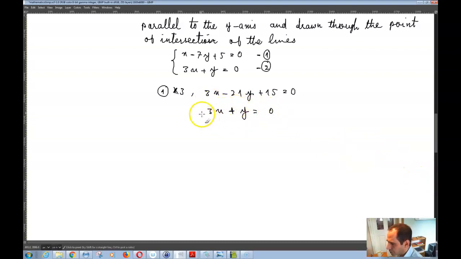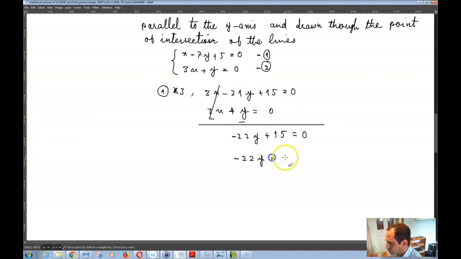Now if I add these equations together, the 3x terms will cancel out. Negative 21 minus 1 is negative 22y plus 15 is equal to 0. Negative 22y is equal to negative 15, and y is equal to 15 by 22.